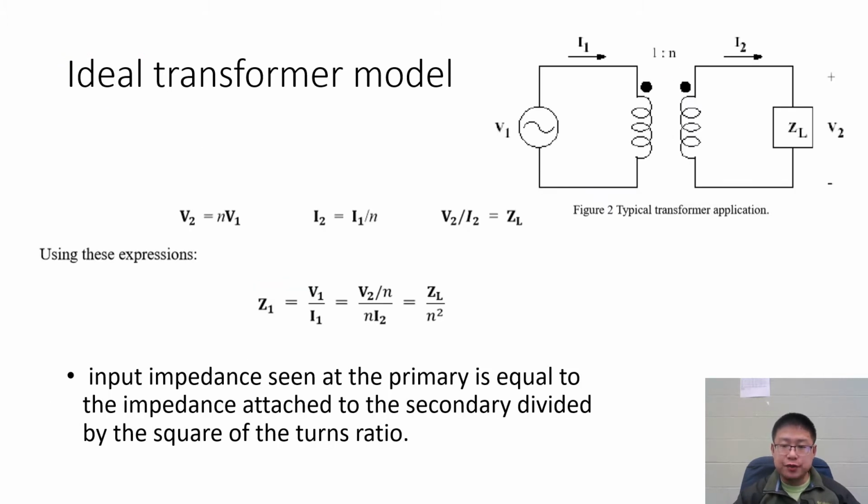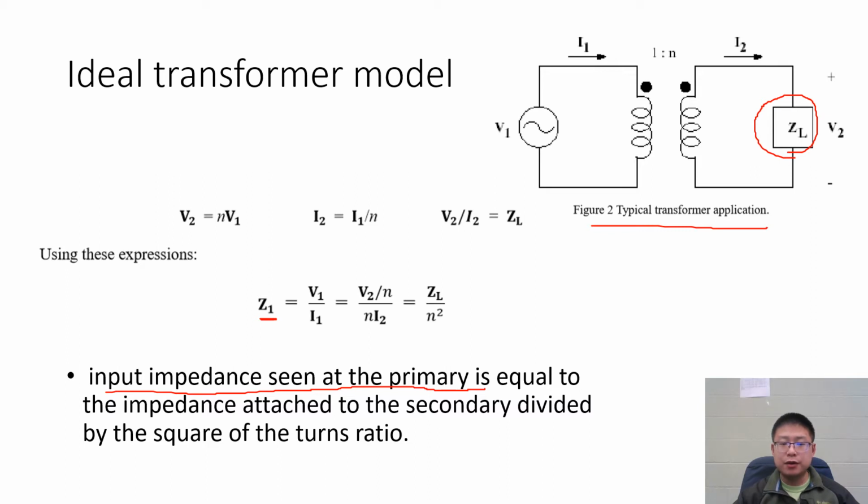Figure 2 shows a typical transformer application. That is, we connect the load ZL with the secondary winding. And let's take a look at the input impedance seen at the primary side. So that is Z1. Z1 equals V1 over I1.